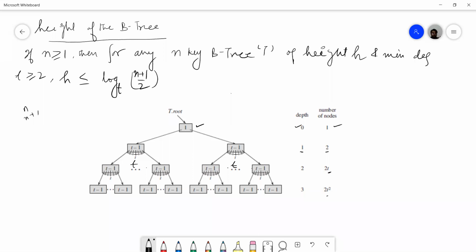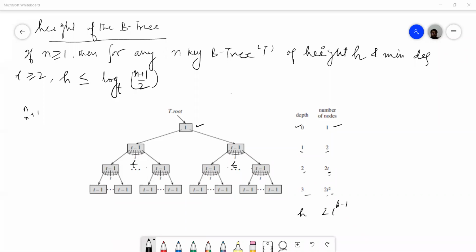If you see this, there is a formula in terms of a series of t. So what is the formula for a particular height h? We have 2t to the power h minus 1. For 3 we have the square, for 2 we have 1, for 1 we have 0. So it is 2t^(h-1) for a particular value.